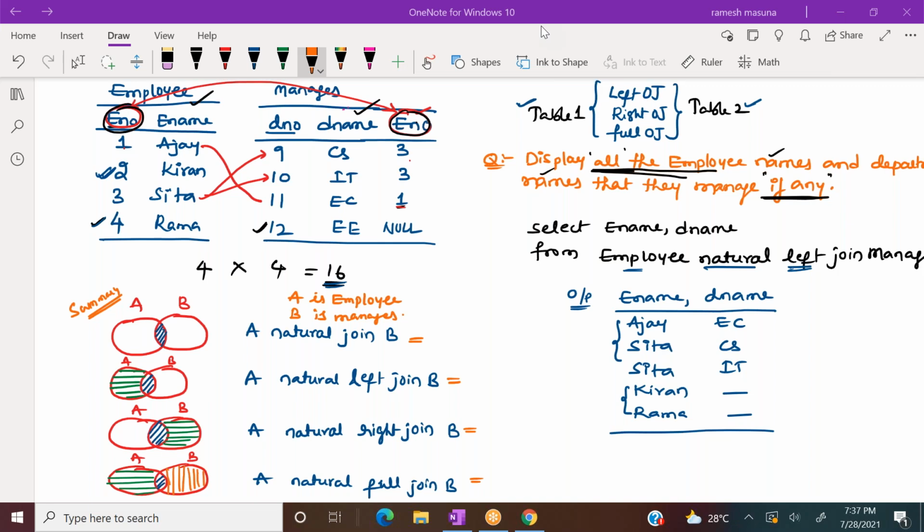Anyone else want to give the answer? Hello. Only Narendra is there in the class. What about others?